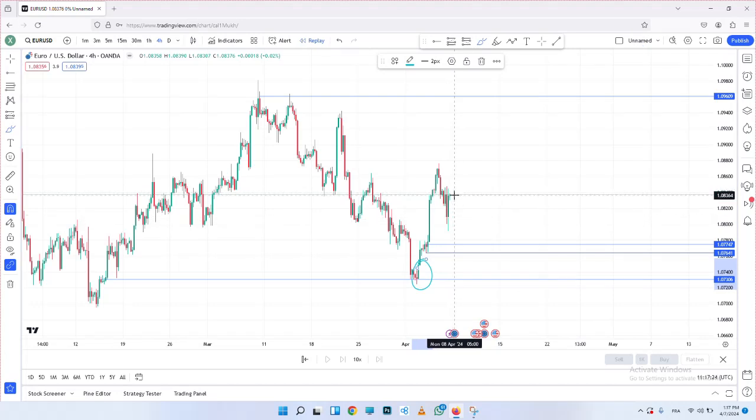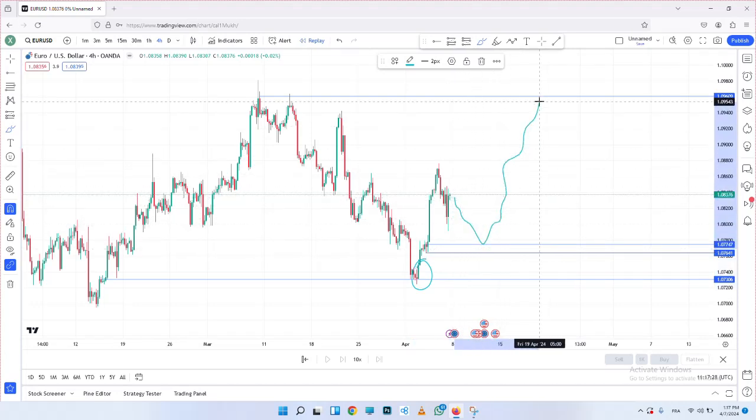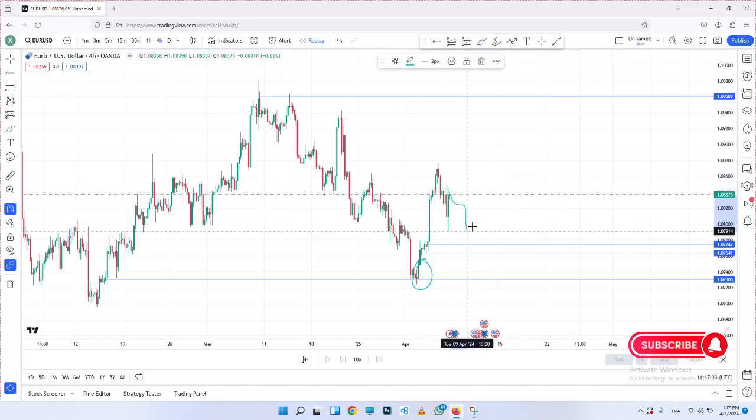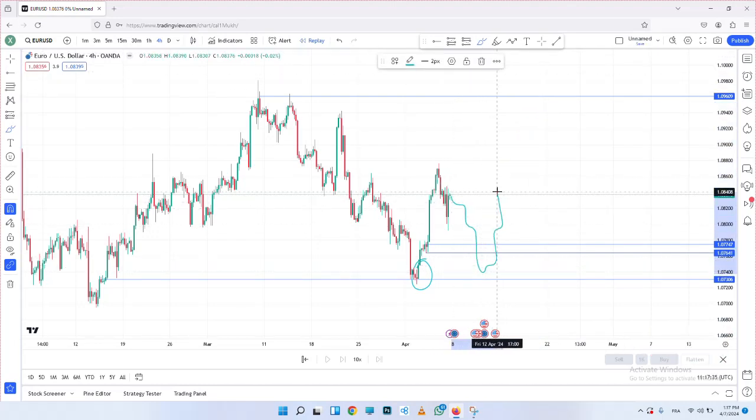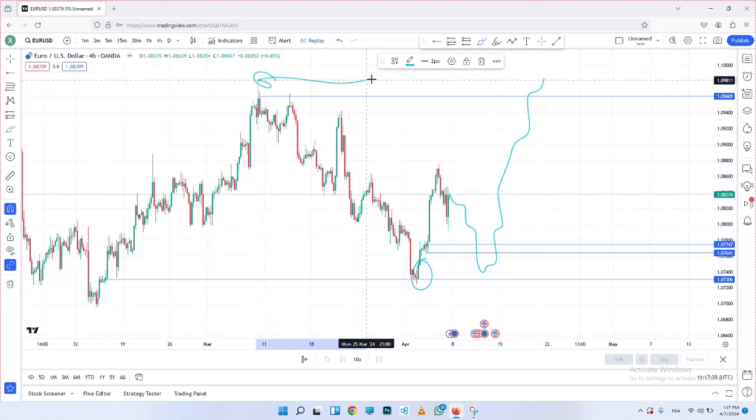Maybe price will do something like that, will come on this level and going up again, or maybe price will do this. Maybe price will come down and start moving again, because we need to close above this area.